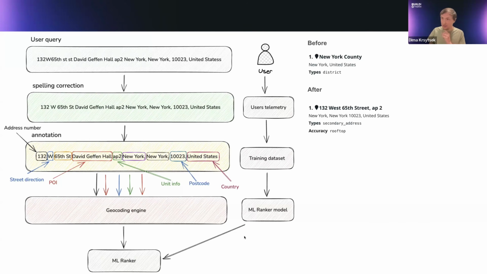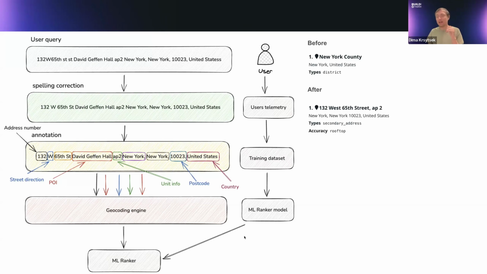We've created an ML model that gets a user request, and then the model spell corrects it. It's the first phase. When we get a user query, we spell correct it, and in this example, we see that the model corrected a mistake in United States. The user typed an extra S letter, and the model corrected it.